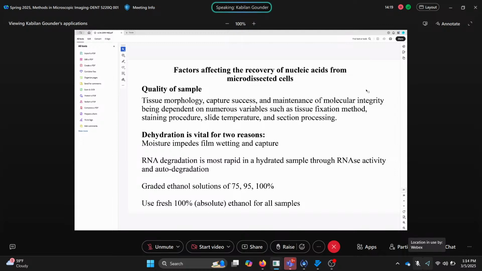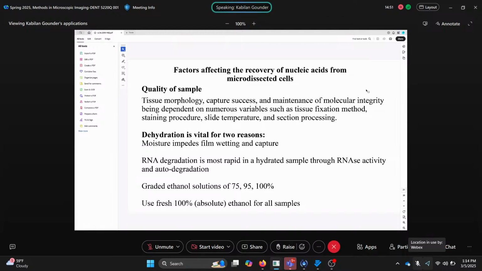So the section will have a different structure then. So this impedes the film wetting, and the capture success is very poor. Also, if we are not properly dehydrated, RNA degradation is most rapid in a hydrated sample through RNase activity and auto degradation. So that is the main concern here.